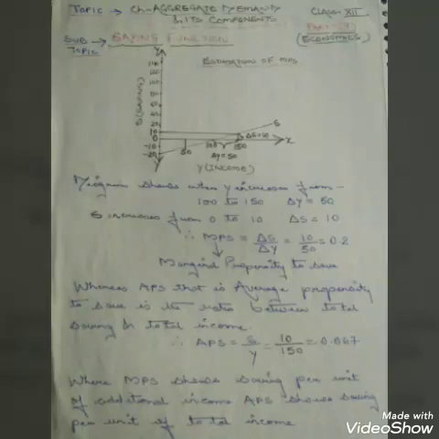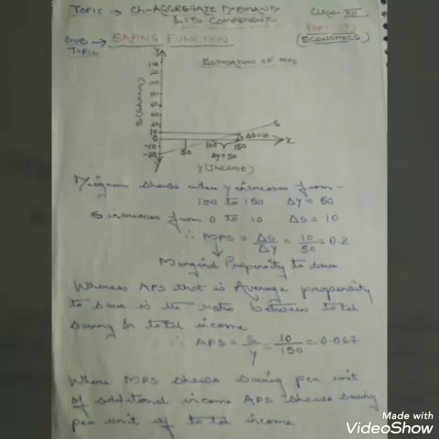Now, this shows that out of every additional rupee of income, 20% is saved. That means whatever income a person earns, 20% of that is being saved.